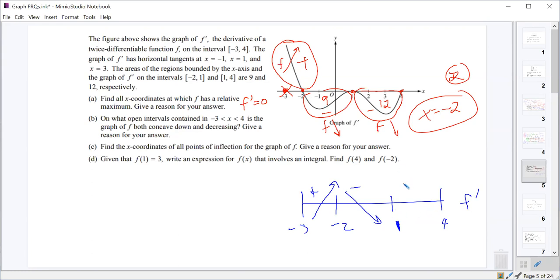From 1 to 4, f prime is still negative, therefore f is still decreasing. So my function looks something like that. So the only place I can have a max is at this value at -2. Not at the endpoints, because I'm increasing and then I'm decreasing at the end. Does that make sense? Yeah. Cool. Anybody else? Any other questions there in part A?